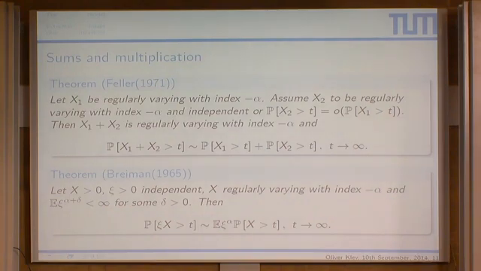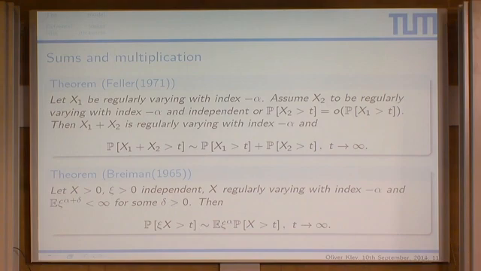Okay, here are two very classical theorems on regular variation of random variables which have direct implications for the model. The one is by Breiman and states that if you have one random variable X_1 which is heavy-tailed with a certain index minus alpha, and you have another random variable, say X_2, which is lighter-tailed, denoted here by small o, then the convolution of X_1 and X_2 has essentially the same tail as X_1.